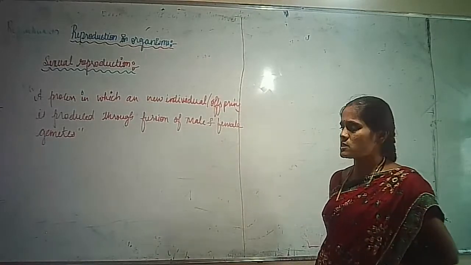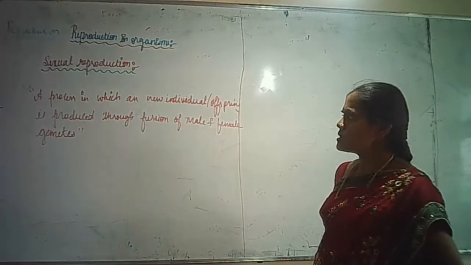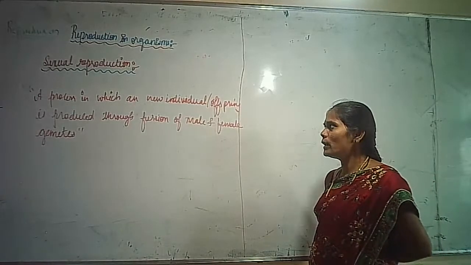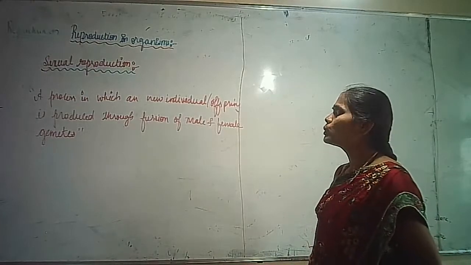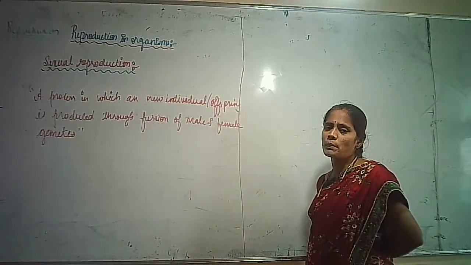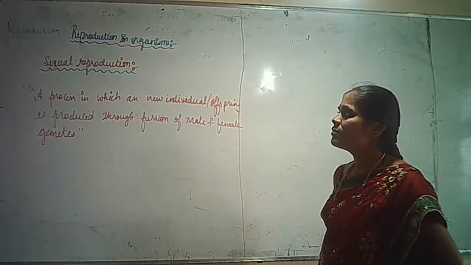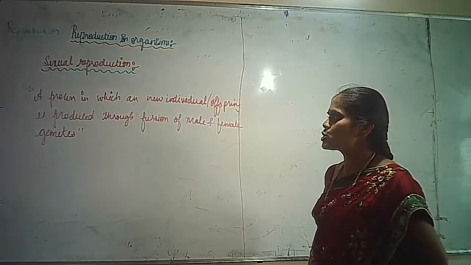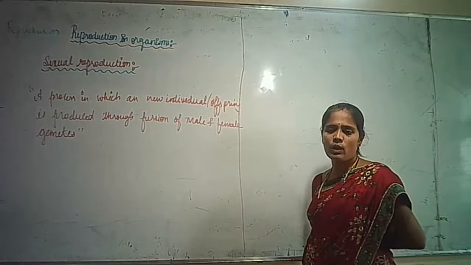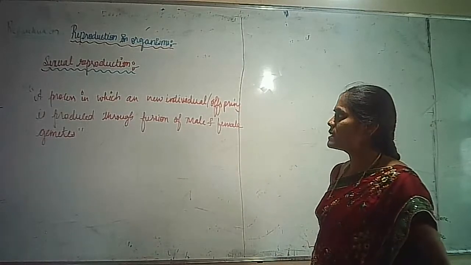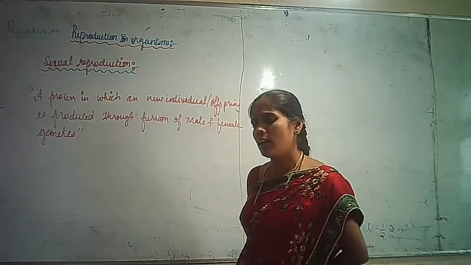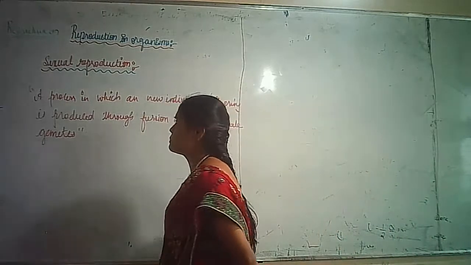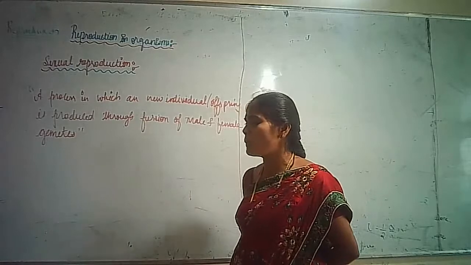If the process in which a new individual or offspring is produced through fusion of male and female gametes, we call it sexual reproduction. What do we call it, my dear students? Sexual reproduction. So let us have some explanation on this topic.